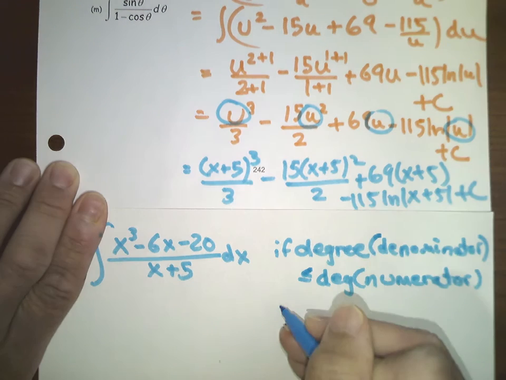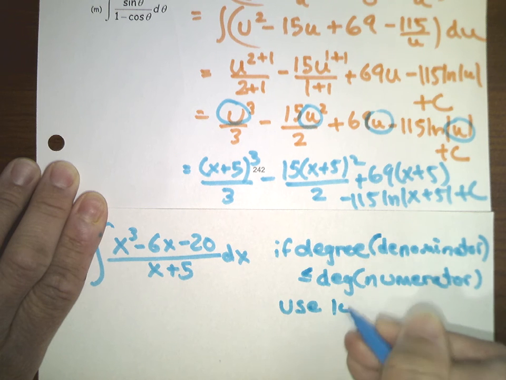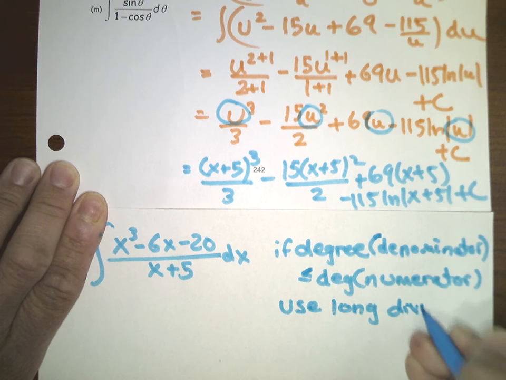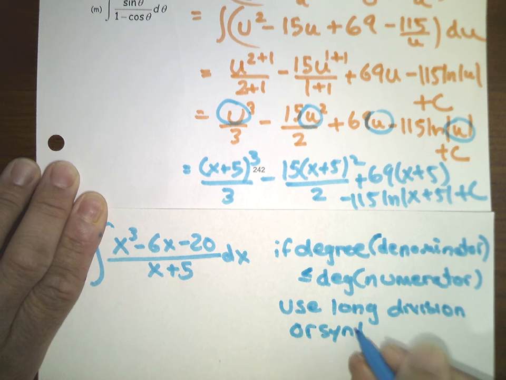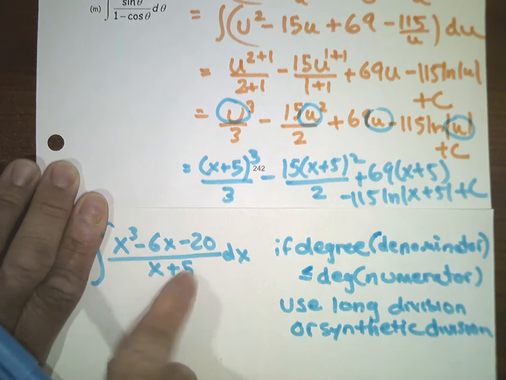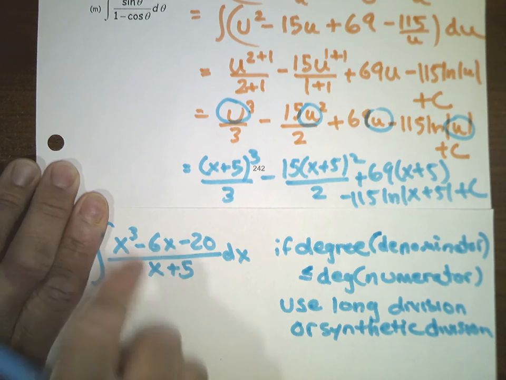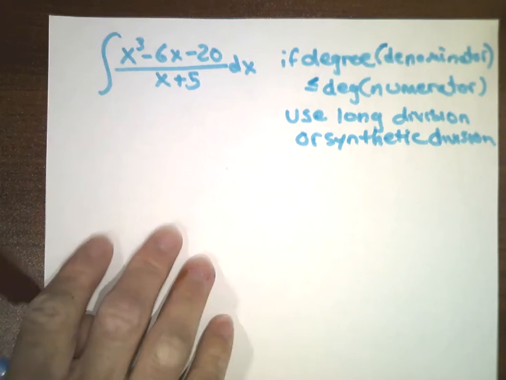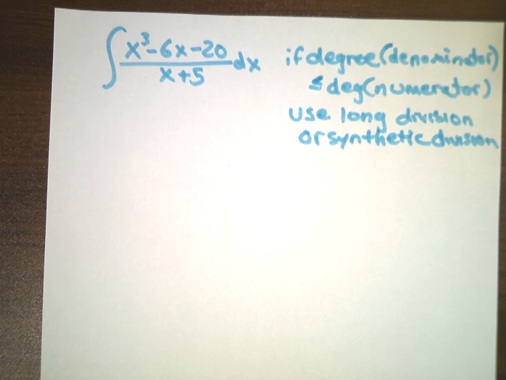Then you can use long division, or we can use synthetic division to divide these, and then we find the antiderivative. All right, so let's go ahead and divide these.